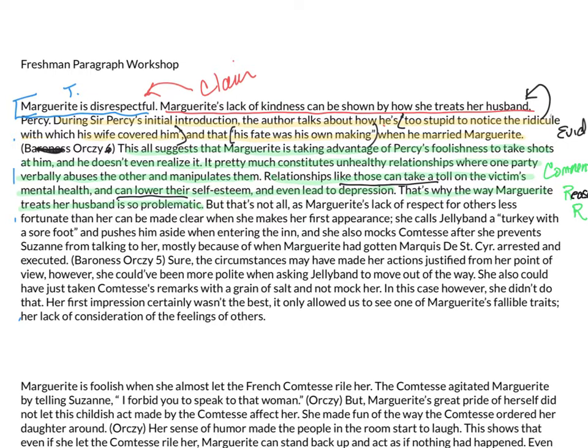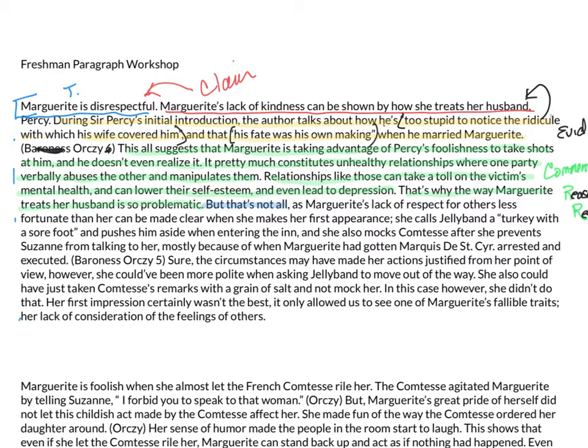Second, I should have a return to the claim or even a return to the topic sentence. But I need to do something to go back to this opening up here. So do I have words that go back to disrespectful or lack of kindness? Well, look there. I do, in fact, see words that take me back to that opening topic and claim. So I do have a return to those ideas in the beginning.